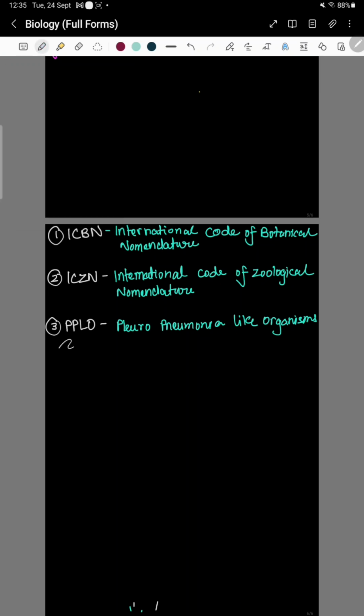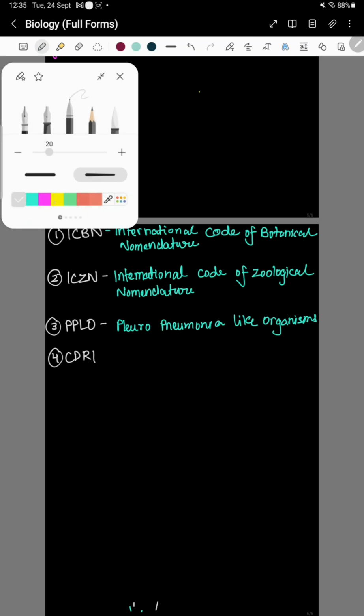CDRI, number 4, which is present in Lucknow, Central Drug Research Institute.